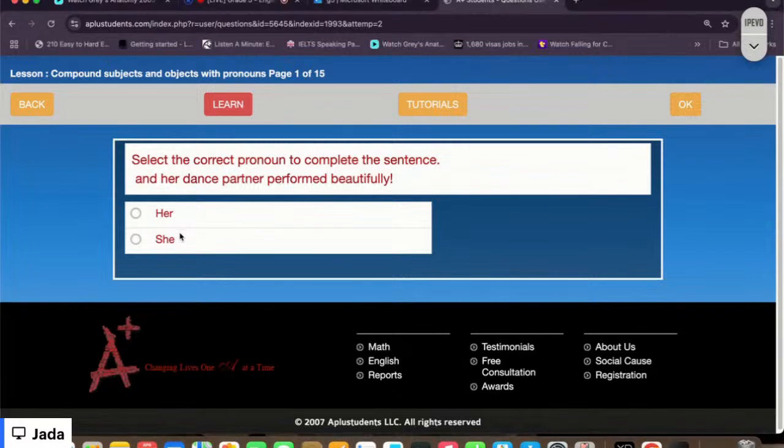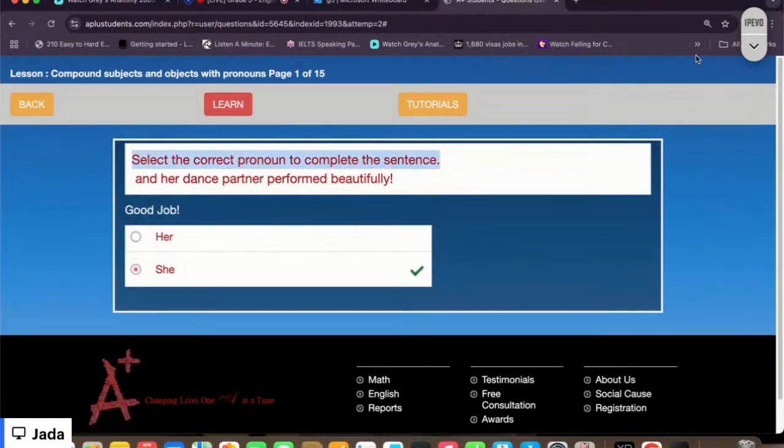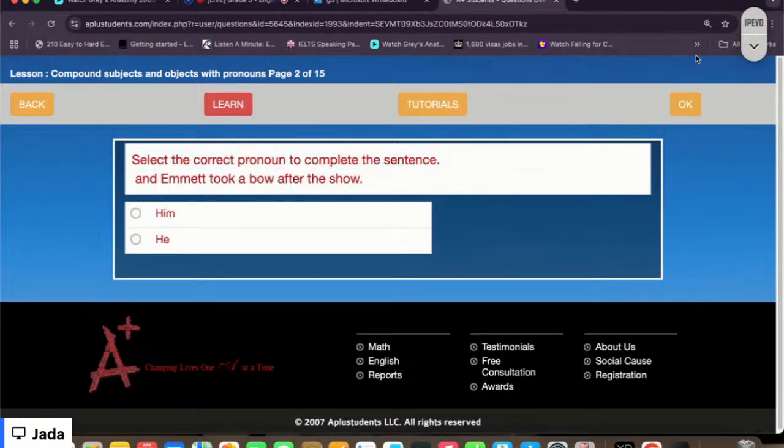All right, so she and her dance partner performed beautifully. Okay. Dash and dash took a bow after the show.